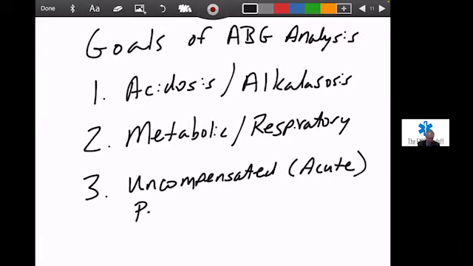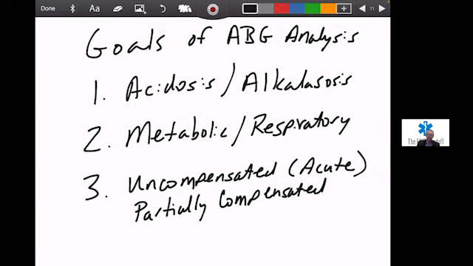Is it partially compensated? Or has the body done its amazing thing and worked to pull that pH back to the normal range?